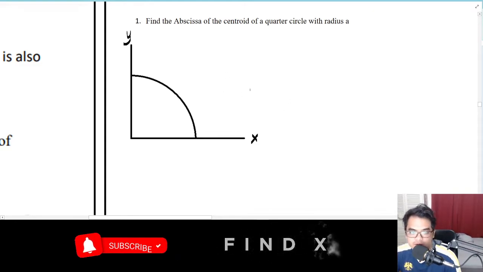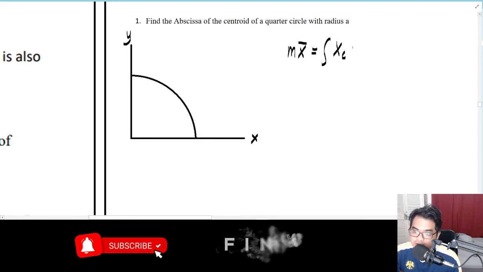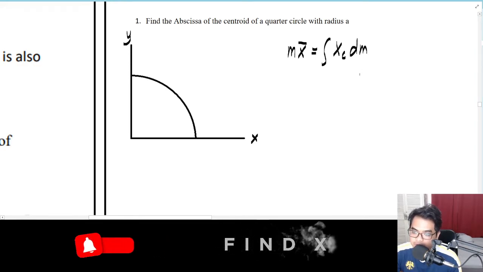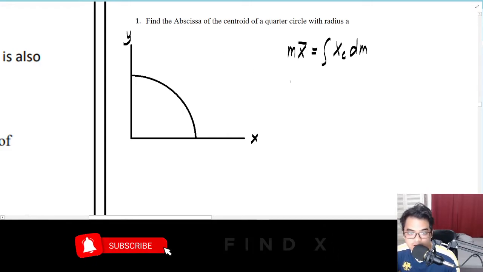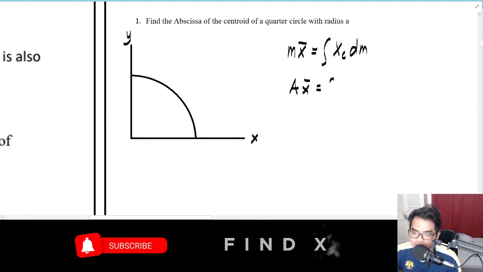We can use the formula M x bar equal to the integral of xc dm. But in this case, we can replace m with the area because the data we have is the area. So area times x bar equals the integral of xc dA.